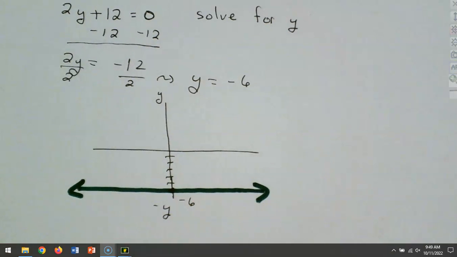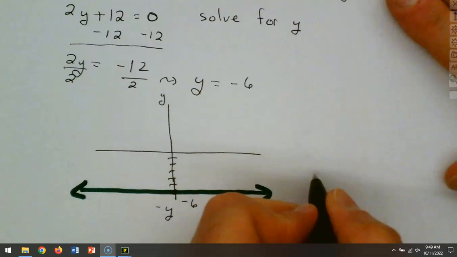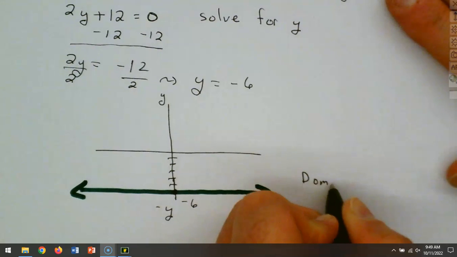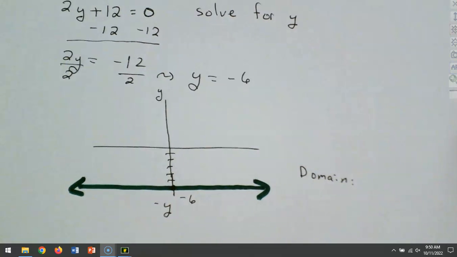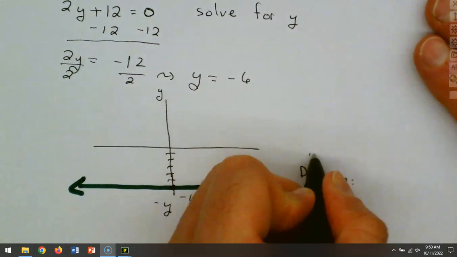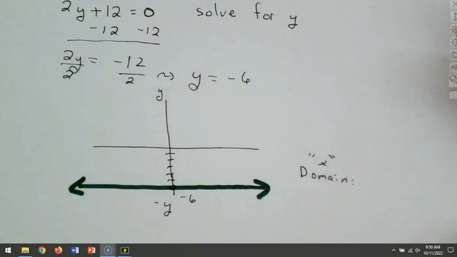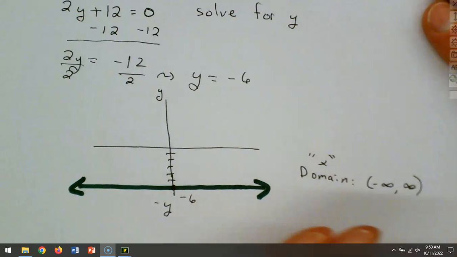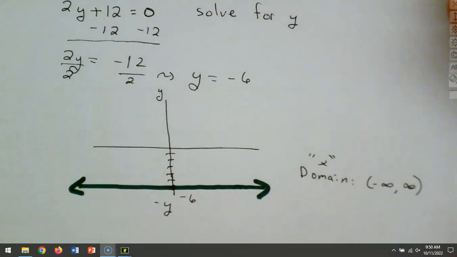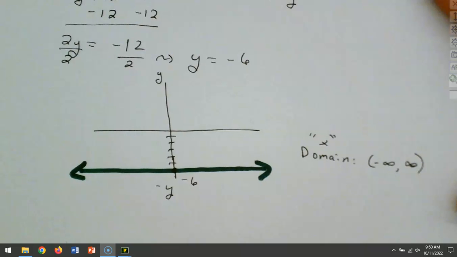Now, what would my domain and my range be? Can anyone tell me what the domain would be, the values of x? Does anyone want to take a guess? Okay, very good work. Negative to positive infinity, right? Because left and right. What about the range? What would that one be?